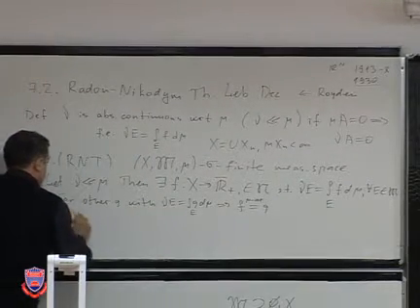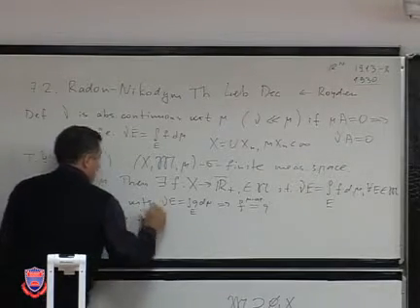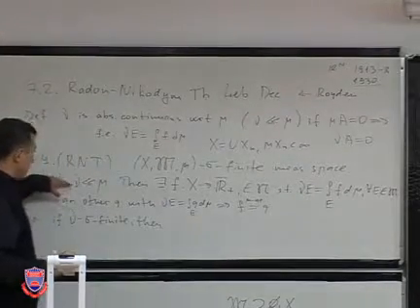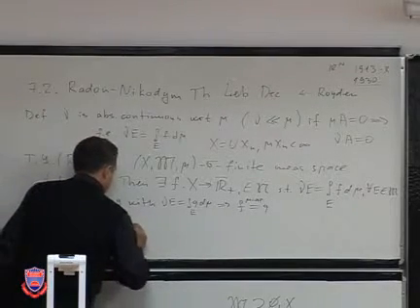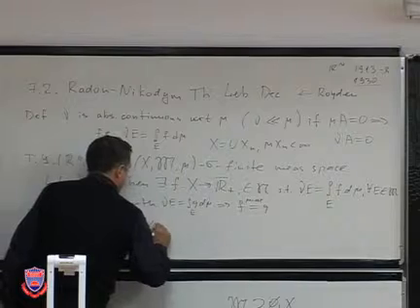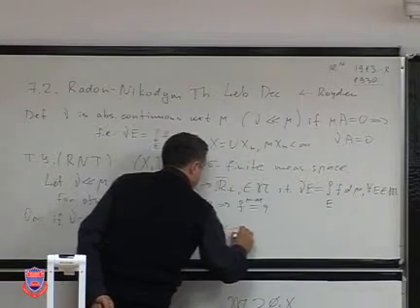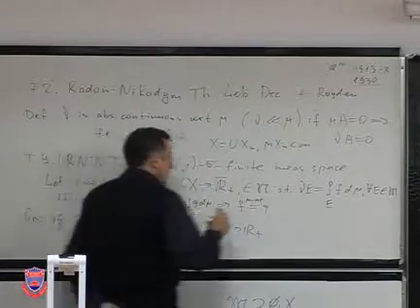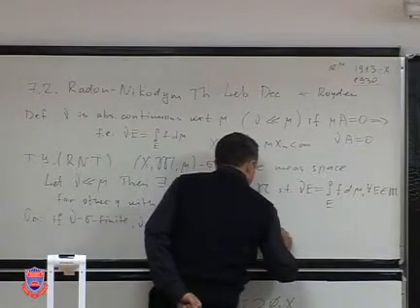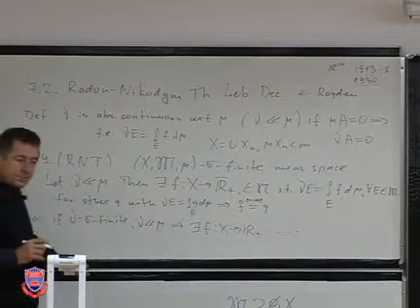If we have that nu is sigma finite, then the first line is the same, and of course nu is absolutely continuous. Then we will have that there exists f from X into R plus, the usual finite measurable function, such that with the same condition, nu equals the integral of f d mu.